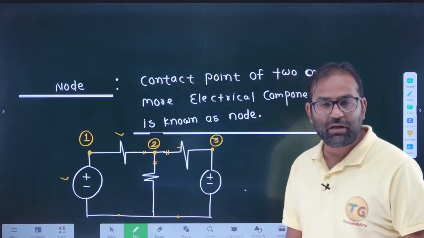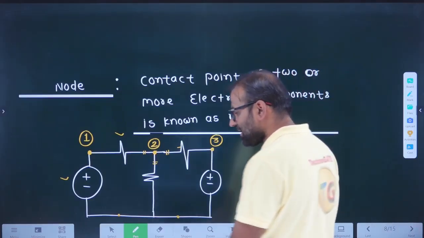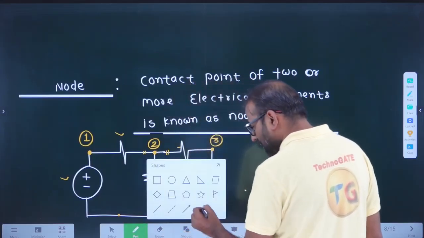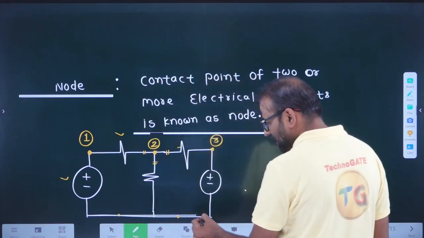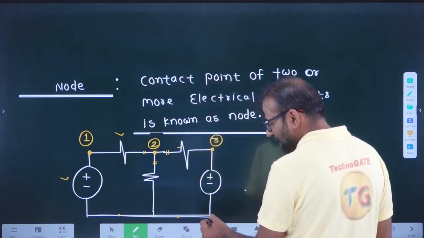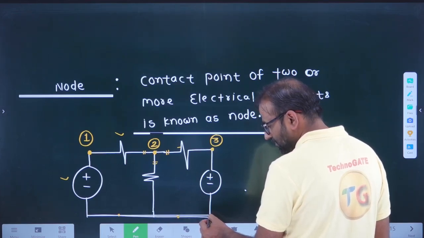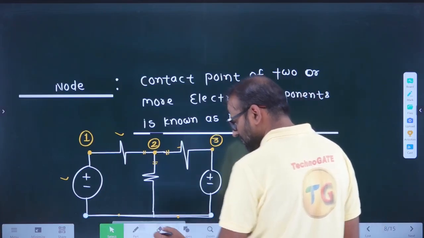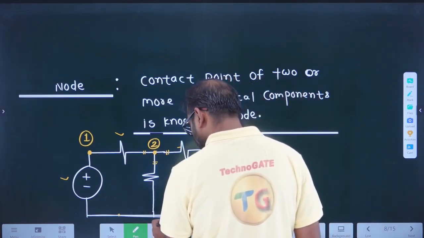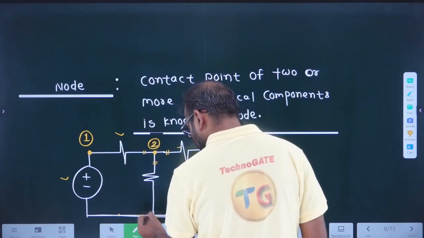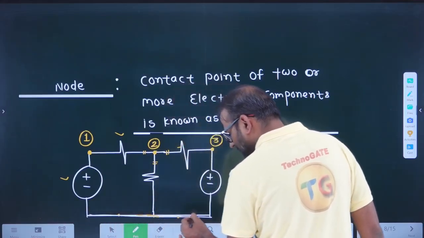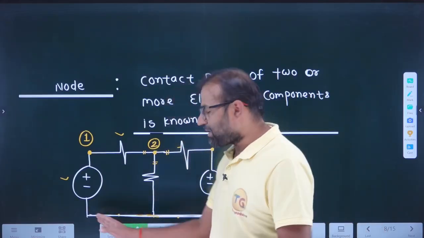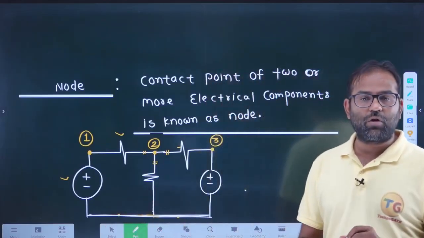But when you look at this line, you have to take care of this line. This line is a short-circuited line. The same wire is connected. You can call this a connection, a common point.